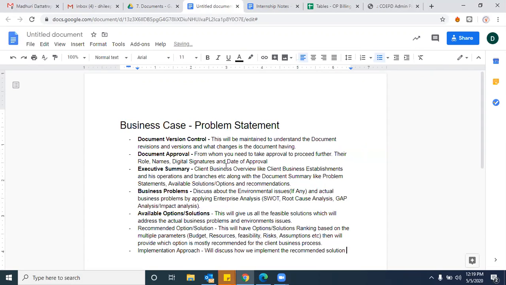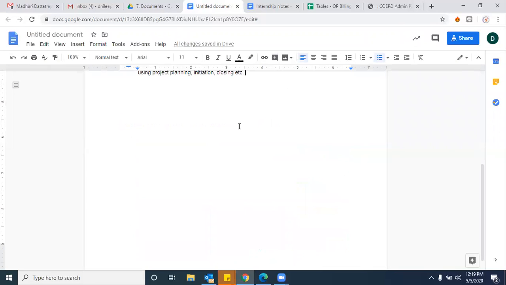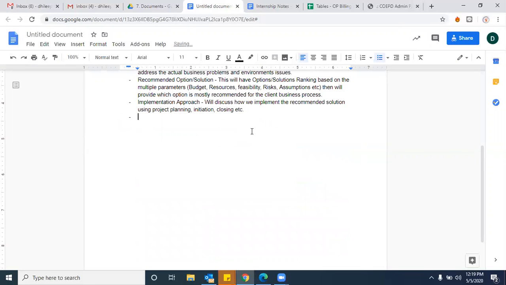Using project initiation, planning, execution, closing, etc. All the elements we will discuss here. And finally, after implementation, the appendix.